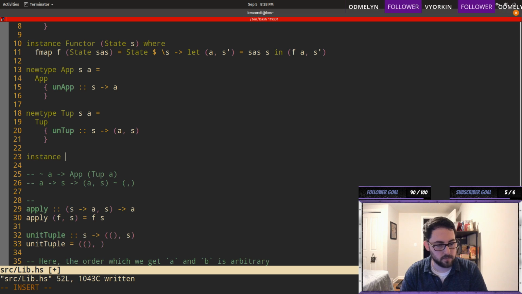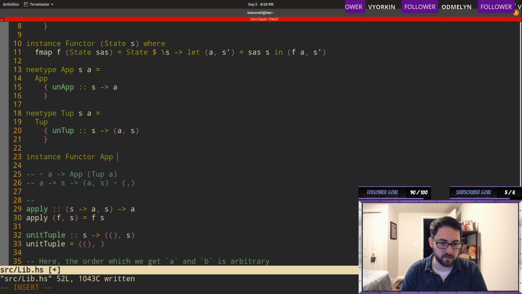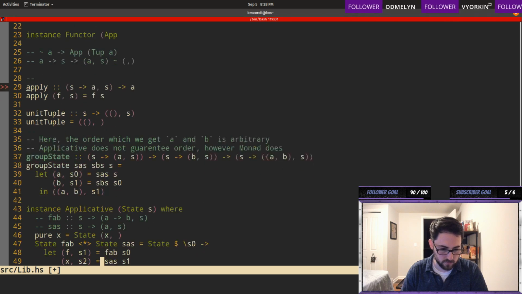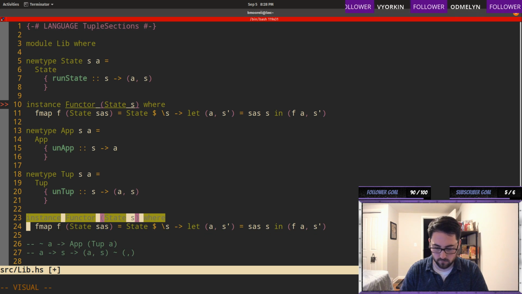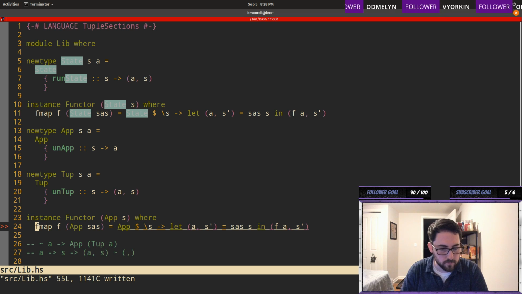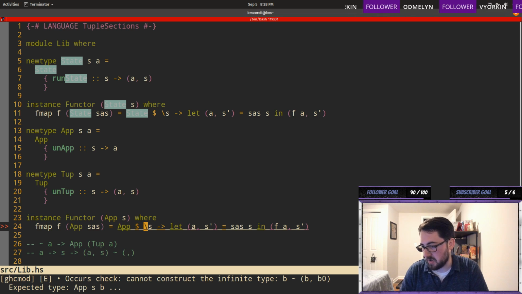So I mean, it's basically copy and paste of this functor instance, yes. All right, I can deal with that.